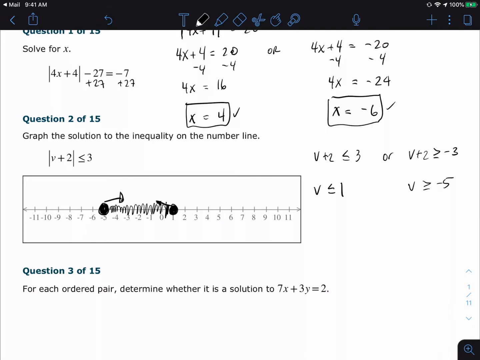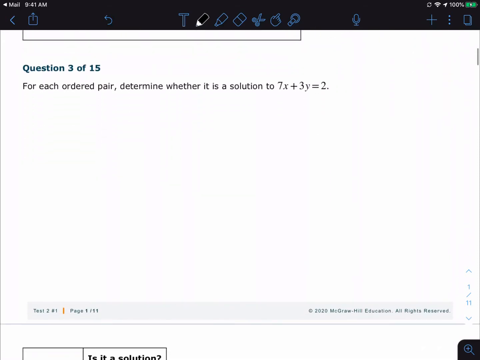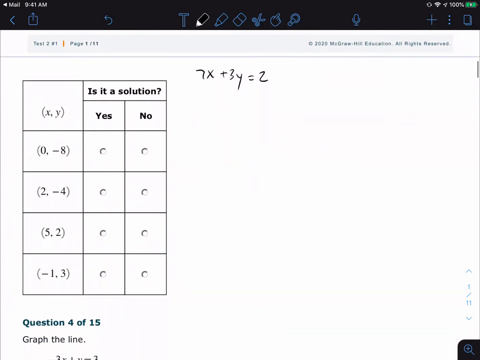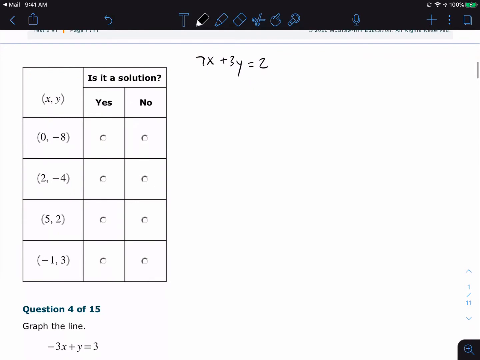Okay? All right. For number 3, this is our equation. I'll write it down here because they're going to put us on a different page so we can see it. And we're going to check if these ordered pairs work. It tells us right here the first is x, the second number is y, so I'm going to go 7 times 0 plus 3 times a negative 8.